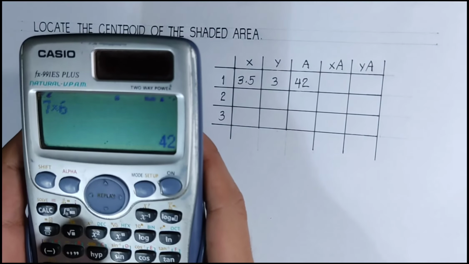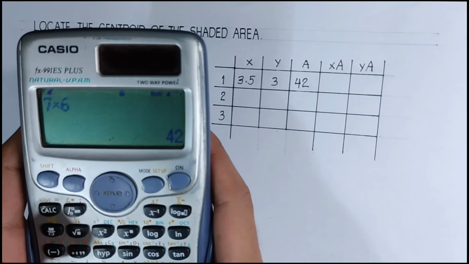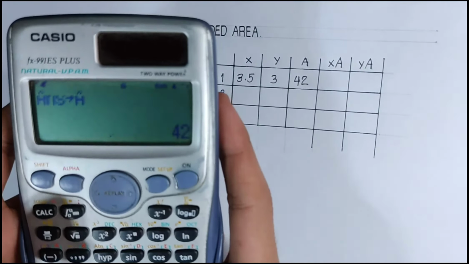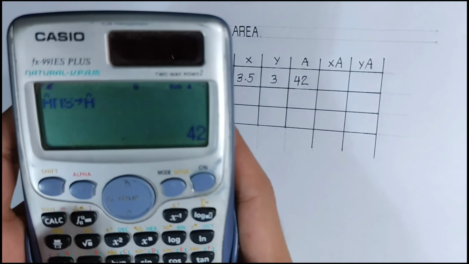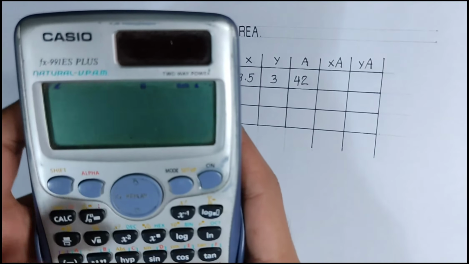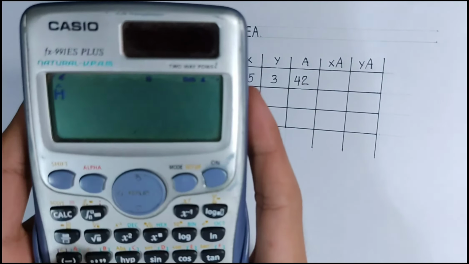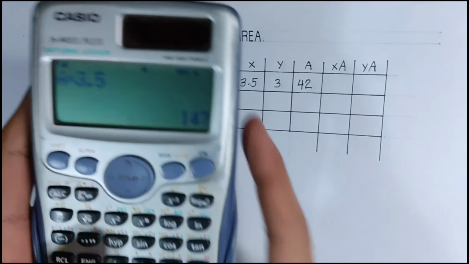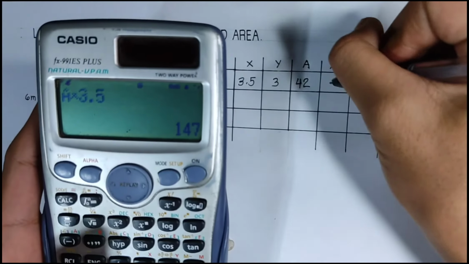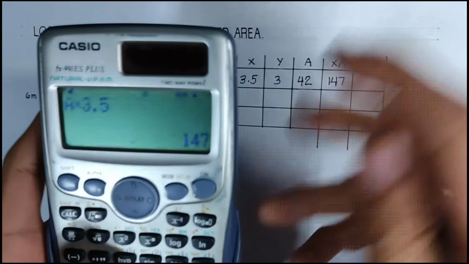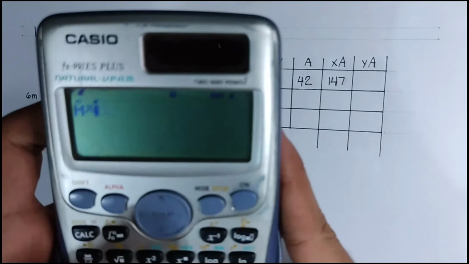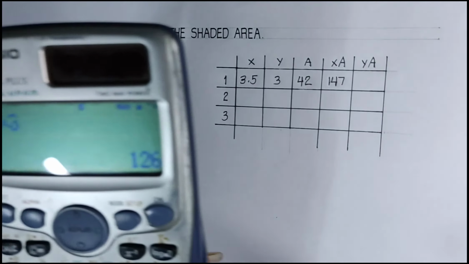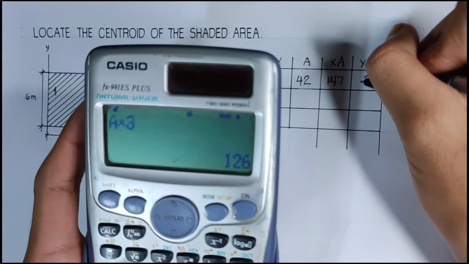And so that we can easily solve for xA and yA, we will shift-stack to A. So, A times x, which is 3.5, is 147. And A times y, which is 3, is 126.